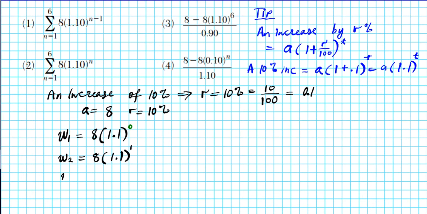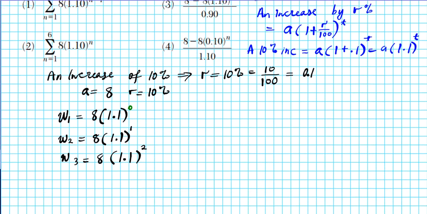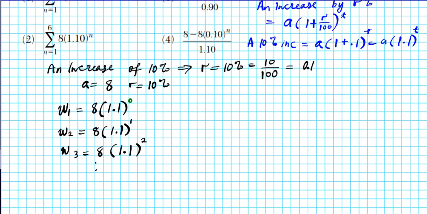What do you think is going to happen in week 3? It's going to be 8 times 1.1 squared. You see the pattern here? Week 1 is 0, which gives you 8. Week 2 is 1. The next one is going to be 2. So let's make a generalization here. What is she going to have to run in n weeks?